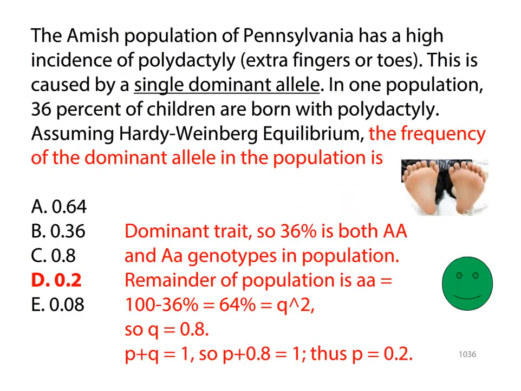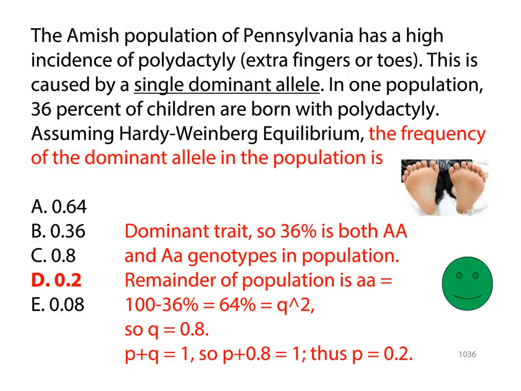The key to this problem, by the way, is that it's caused by a single dominant allele. 36% have polydactyly, which means they're the homozygous dominant and also the heterozygotes. So you have to work backwards and figure out the frequency of the homozygous recessive. If 36% are born with this, and it's dominant, that means 64% are not.